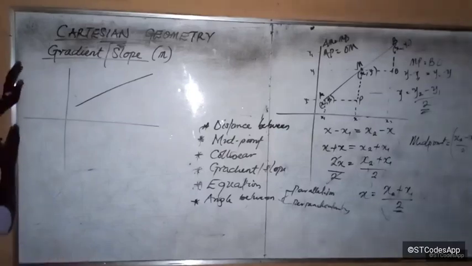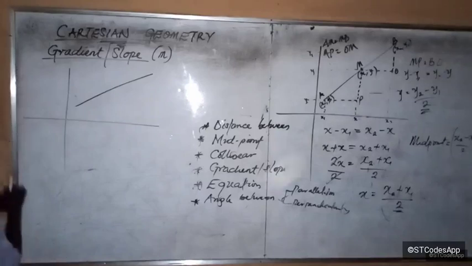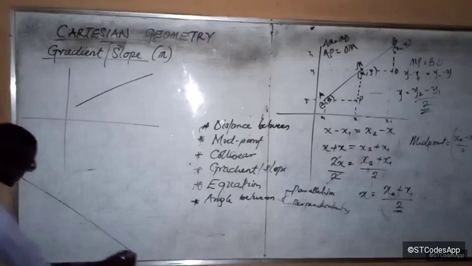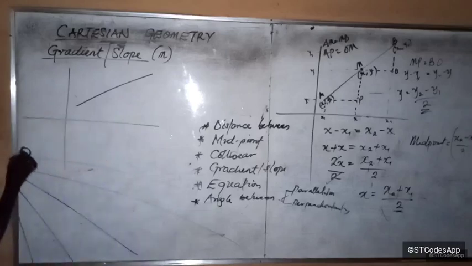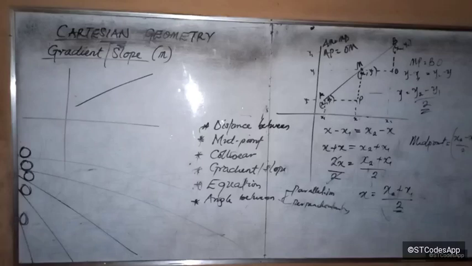Okay, for example, think of it this way. Look at this point on my board. With respect to this point, if I draw a line like this, another line like this, and another line like this, and I put a ball here, and here, and here, where will you experience the fastest spontaneous rolling of the ball?